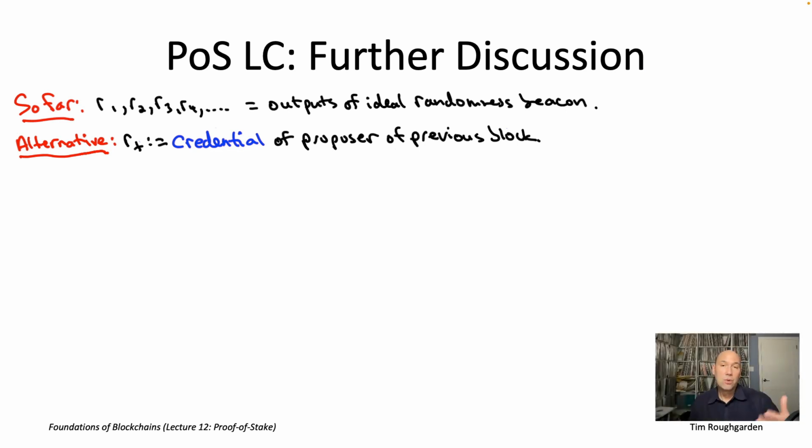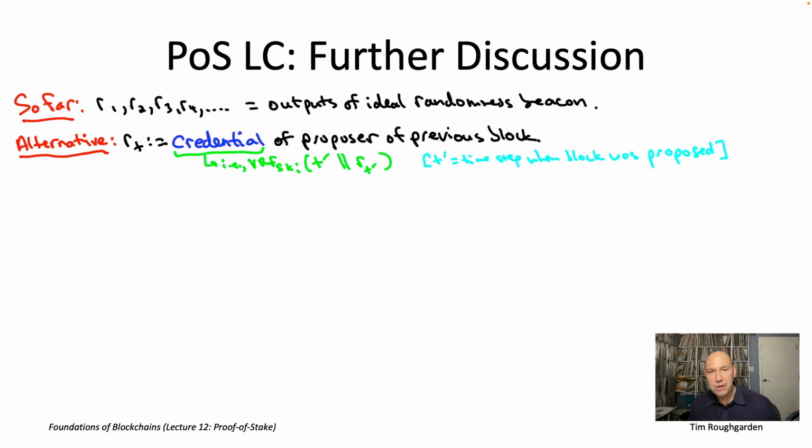So when you're talking about the credential of a previous block, that's going to be a VRF output with some private key and some previous time step with the corresponding pseudorandom seed. Optionally, you can also pass this credential through a cryptographic hash function to get something which, for all practical purposes, is a random number between 0 and 1. But let's just set that aside and think about the credentials directly.